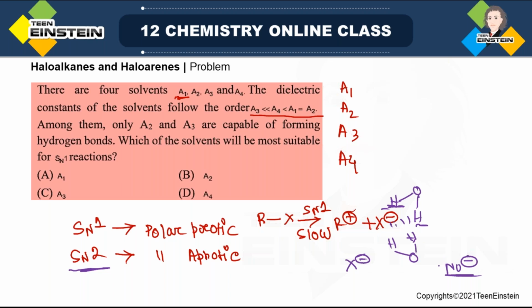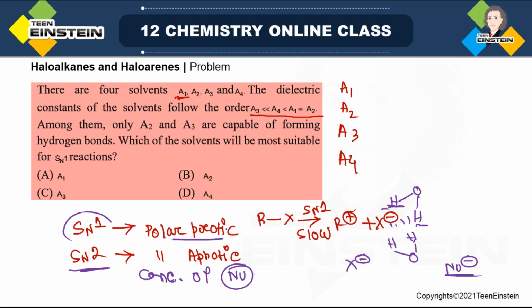But if the nucleophile is highly solvated, then obviously its nucleophilicity will decrease, and we know that in SN2 the concentration of nucleophile matters, it is significant. But in case of SN1, concentration of nucleophile is not significant because in the rate expression you do not have any concentration term for nucleophile. So that is why polar protic solvent is best.